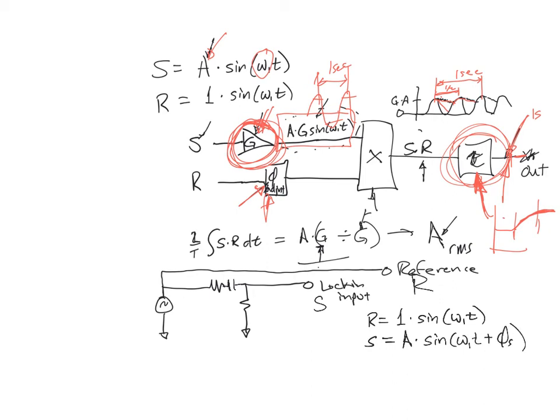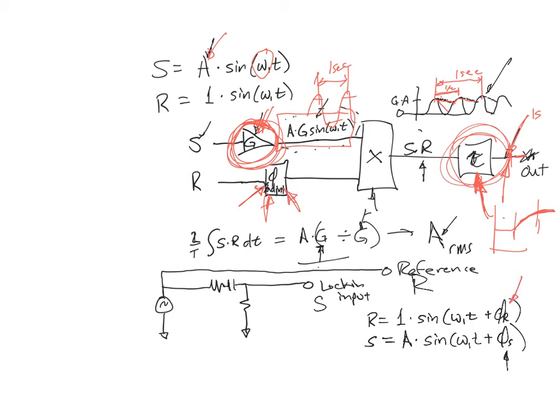Okay? And we need these. You remember that sine times sine gives you this nice thing over here, but sine times cosine, which is to say if this gets rotated 90 degrees, sine times cosine gives me 0, right? So what I really want is a way to add in a phase shift to the reference. I will call that phi sub r, right? And that's the purpose of this box right here, which is another knob on the lock-in.